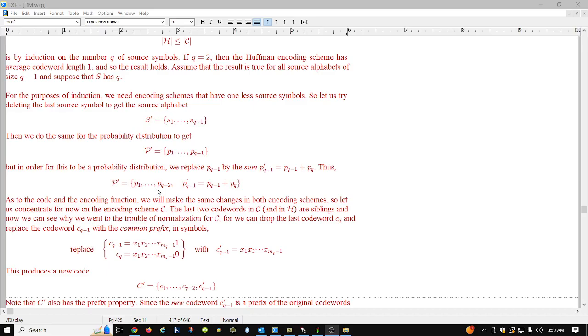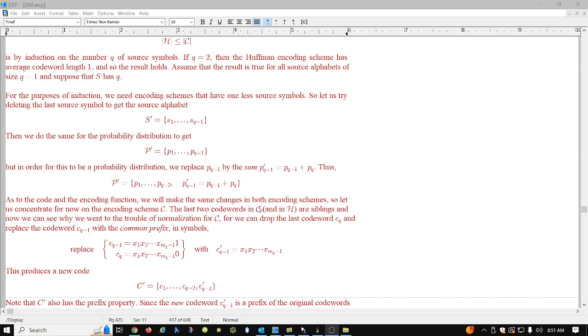The changes that we can make to accomplish this are the same in H as they are in C. So rather than do the same thing twice, let's do it for C, and you'll see that it would work just as well for H. So from C, we need to define another encoding scheme, C prime, for the new source, S prime, P prime.